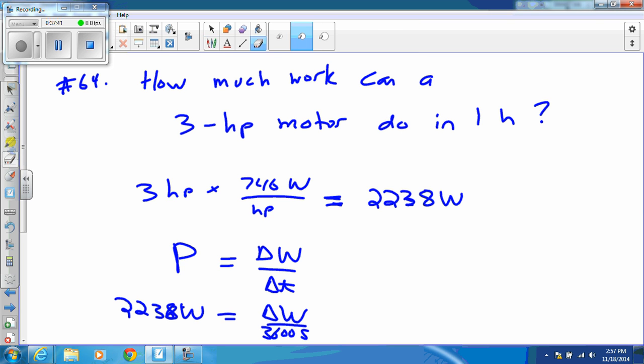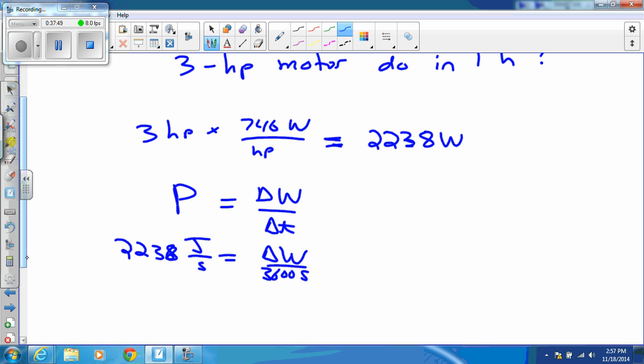Because work and watts have the same symbol, which is really unfortunate, I'm going to write my watts as joules per second. Watts and what has the same symbol? And work. Yeah.